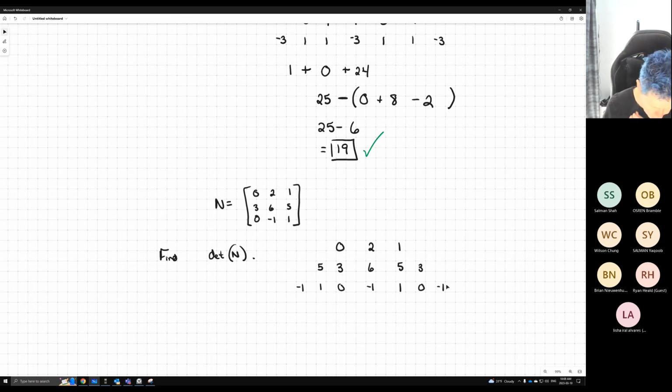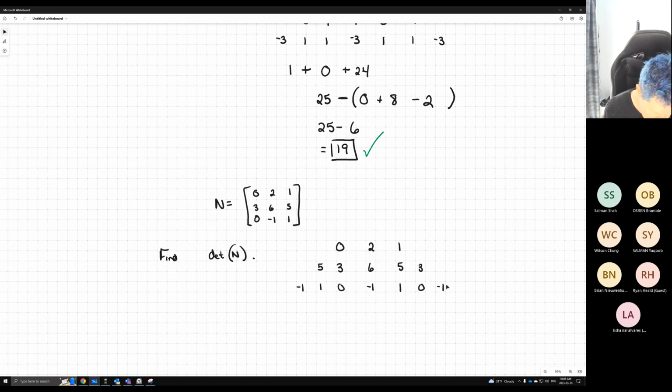Okay. So now I'm going to multiply down my diagonals. Oh, my things didn't line up because I used too much space in there. Sorry about that. So I'm going to multiply everything down and to the right, and add the quantities together. The first one is 0 because it's got a 0 in it: 0 times 6 times 1 is 0. The second one is 0 because it's got a 0 in it: 5 times 2 is 10, 10 times 0 is 0.